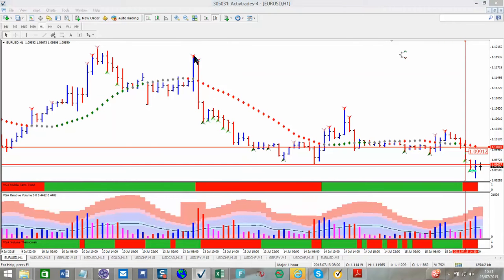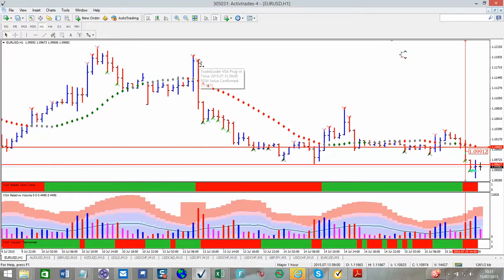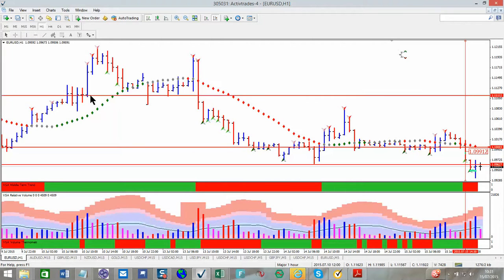I mean, there are signs of weakness coming in. There's supply there. There's supply there. Two bar reversal, which is another strong signal.